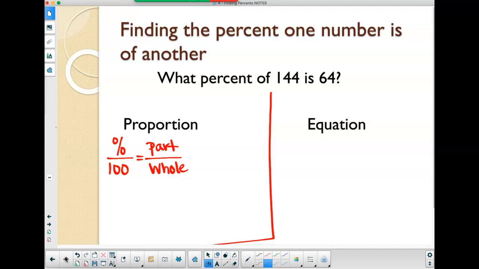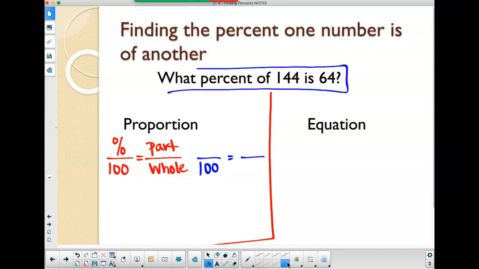Ultimately we need to fill in those numbers. I'm going to draw this again. I know 100 has to go here. Do we know the percent? In this problem, are we given a percent at all? Are there any percent signs?